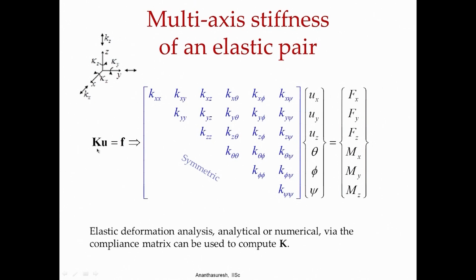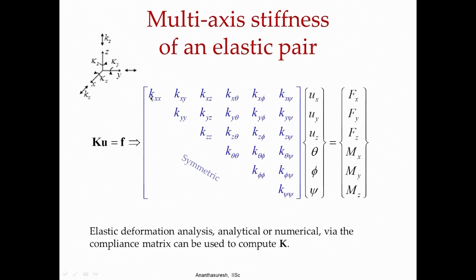So, if you say K u equal to F, K is the stiffness matrix which is multiplying the displacements, which can be generalized, meaning translations and rotations, corresponding forces which again generalized, so forces and moments.